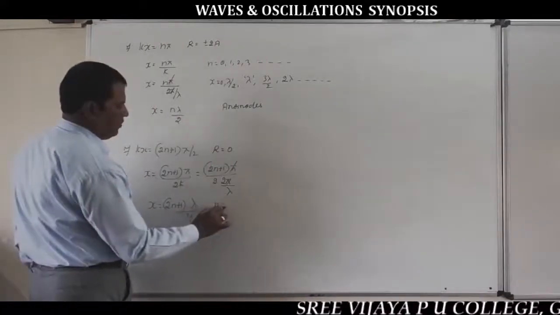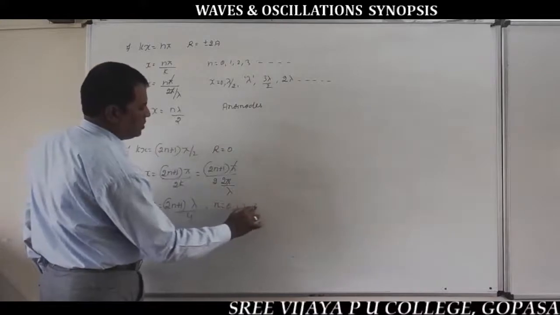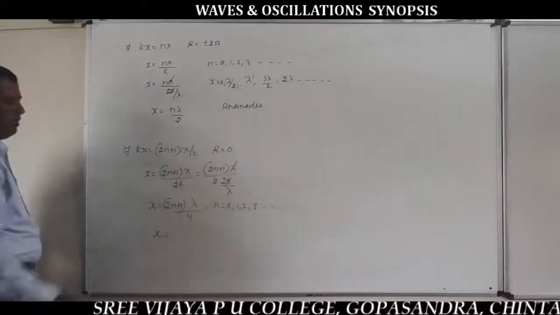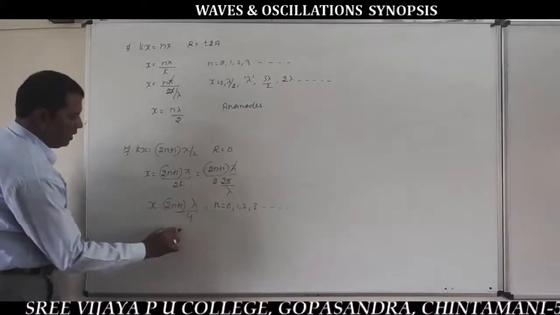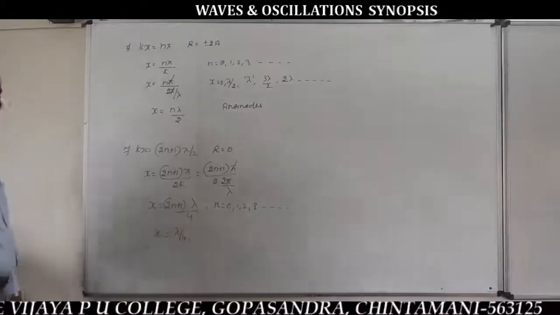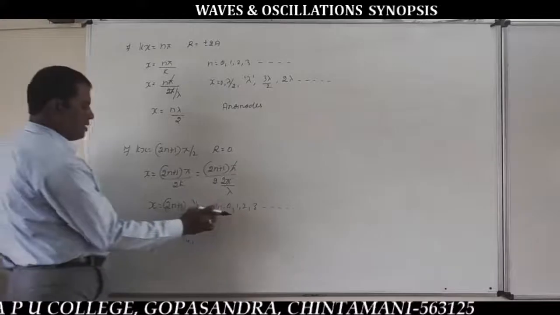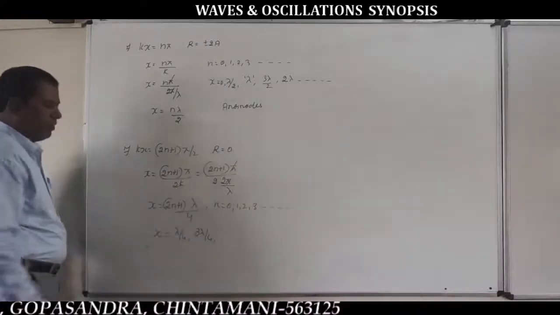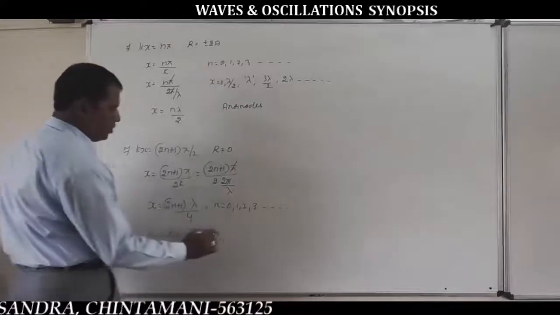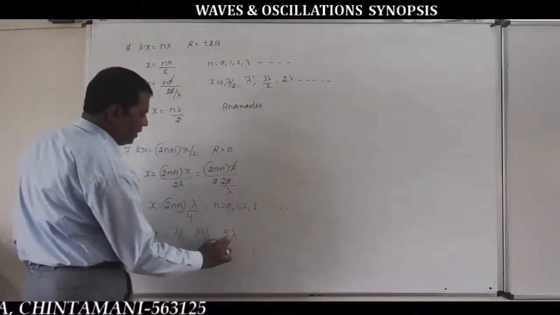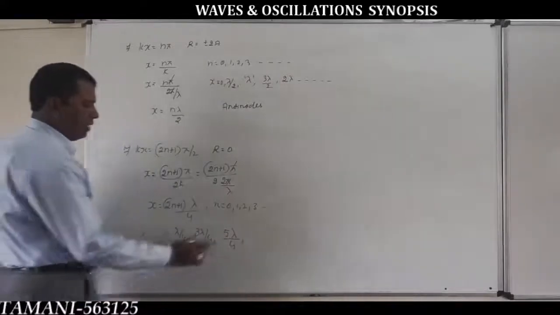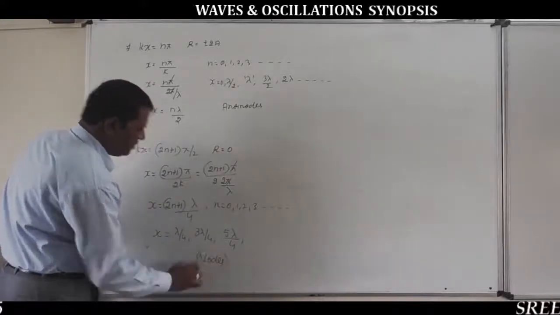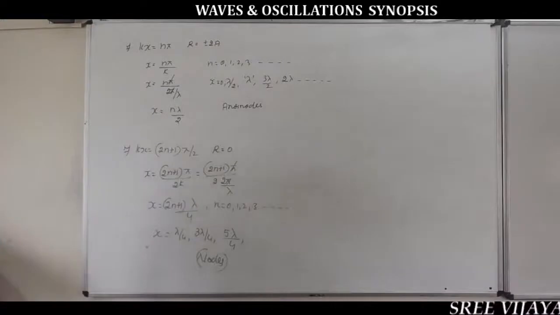So now if you just substitute the values n is equal to 0, 1, 2, 3 and so on, you get x is equal to, if n is taken as 0, you get lambda by 4. If n is taken as 1, you get 3 lambda by 4, if n is taken as 2, we get 5 lambda by 4. At these points, there is a generation of nodes.